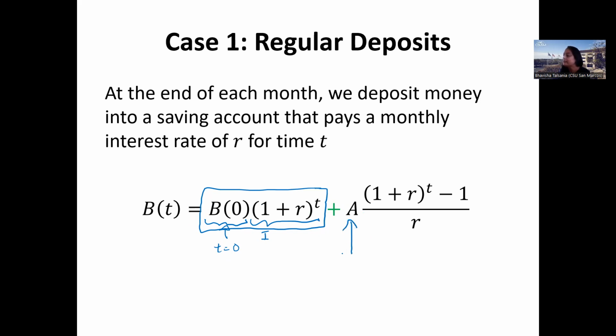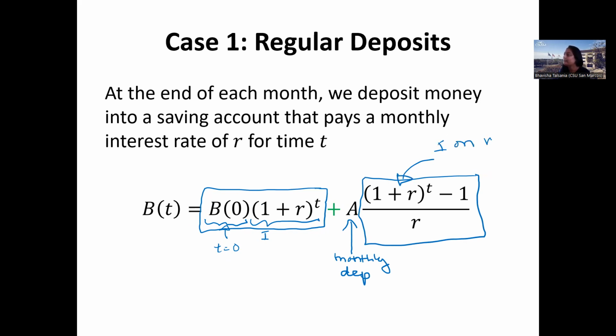This is your monthly deposit. And this funky equation, which I also mentioned I'm not going to go through deriving, is the interest on your monthly deposit.